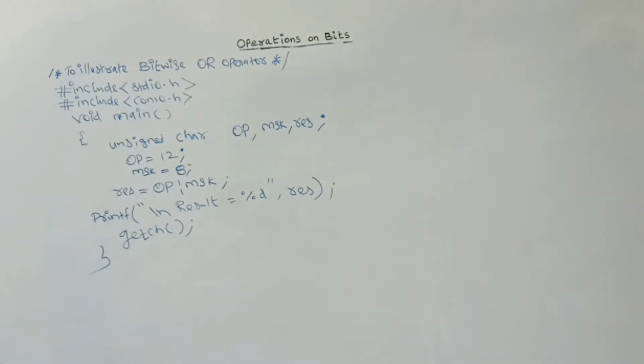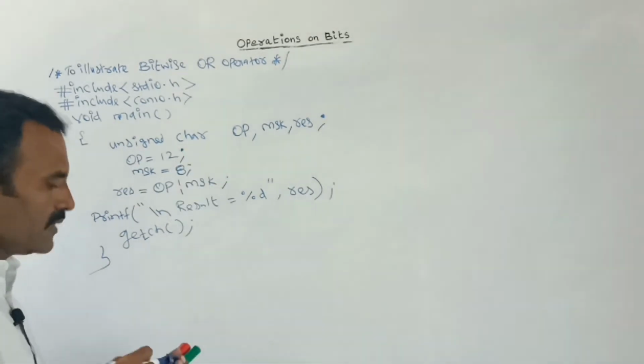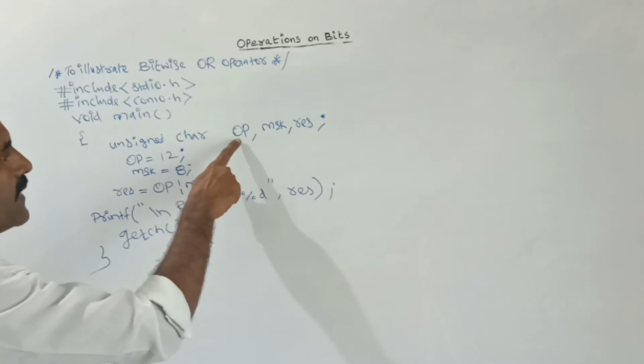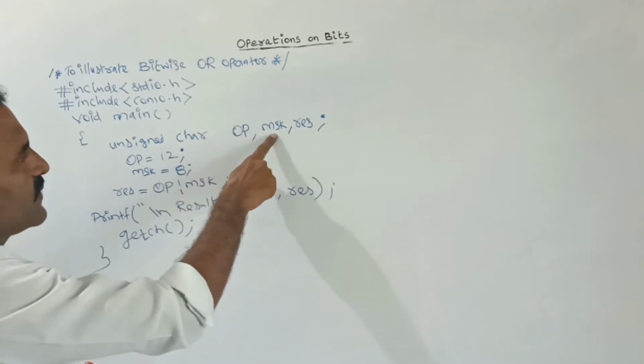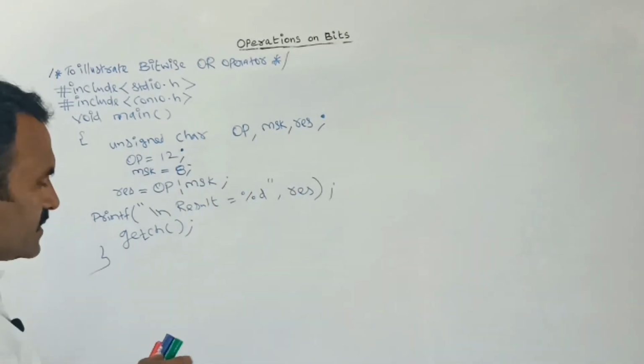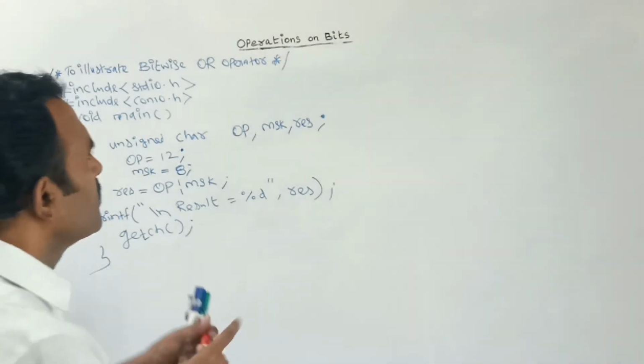It is a simple program. Here I have declared three variables: for the operand I have used OP, next the mask value MSK, and next the result RES. Now let us see the output.